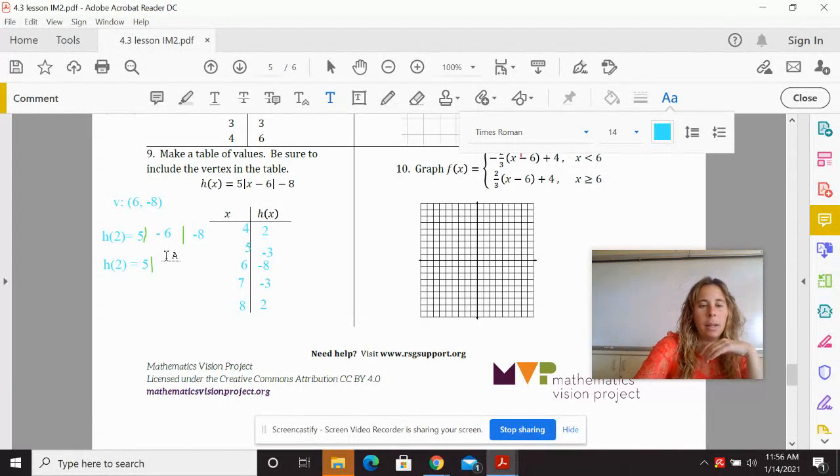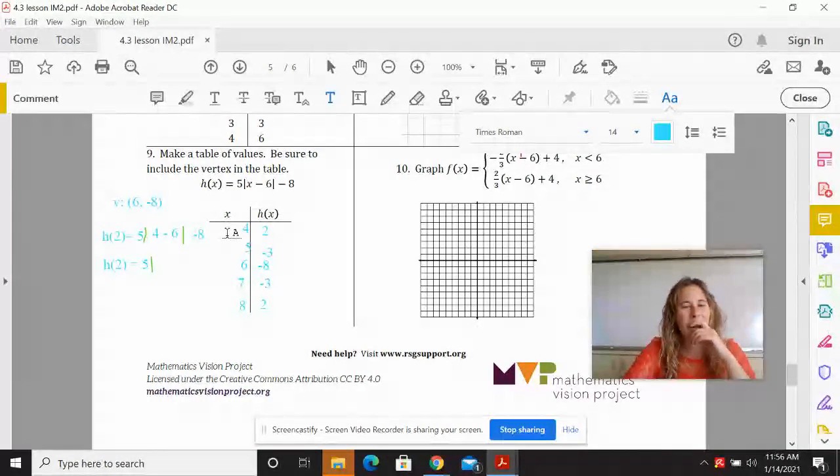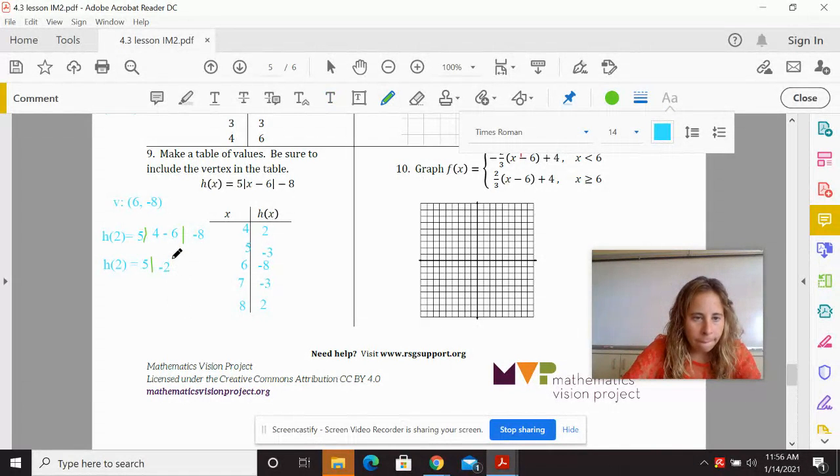My bad. 4, because we have that in our table. So 5 times the absolute value of 4 minus 6, that's negative 2 in the absolute value sign, and then minus 8.